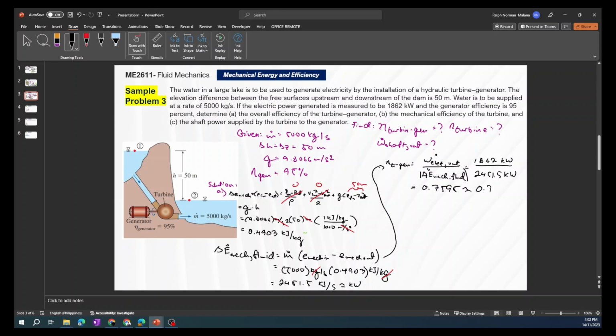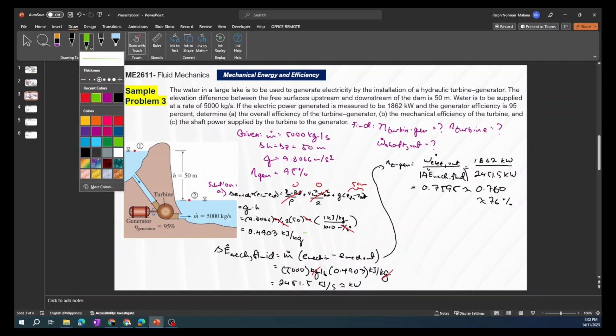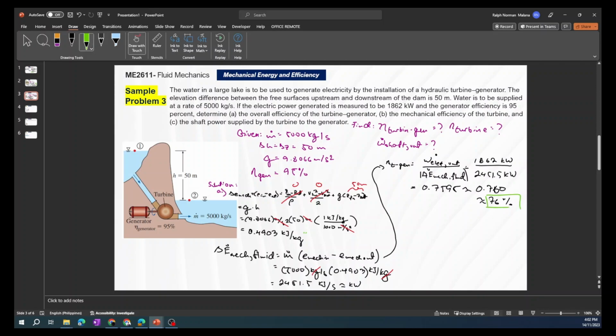So that translates to 76% turbine generator efficiency. Let's just mark that up. All right, so that's for A.